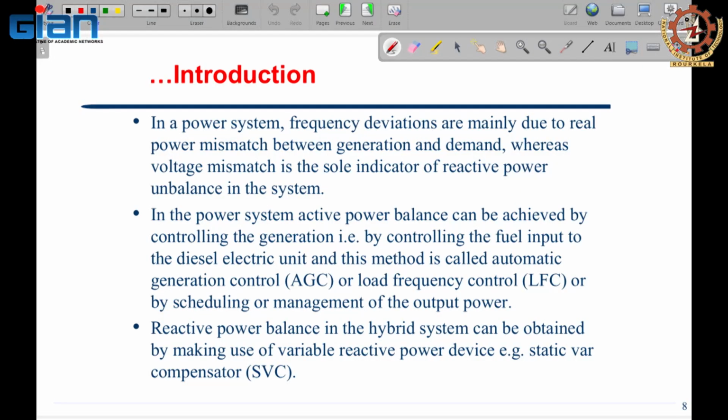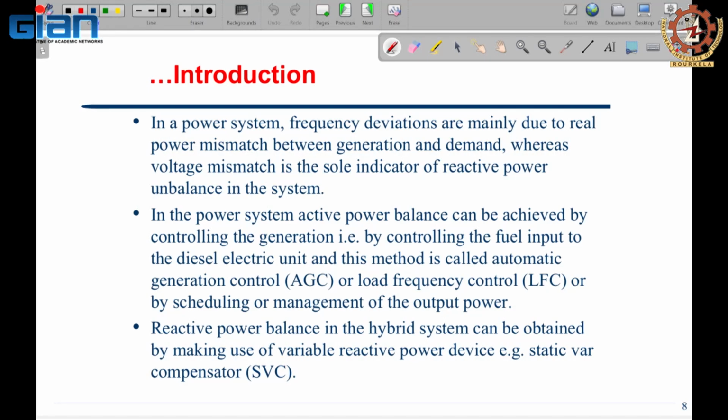So how can we achieve the active power balance? Either by controlling the generation. On the generation side, you match the generation corresponding to load. We can call it automatic generation control, AGC. You are controlling the generation depending upon the load from the generation side.